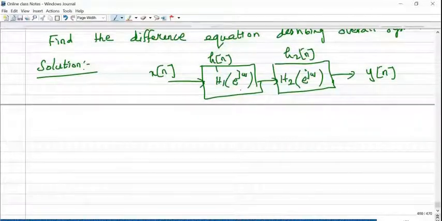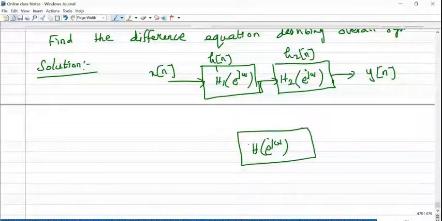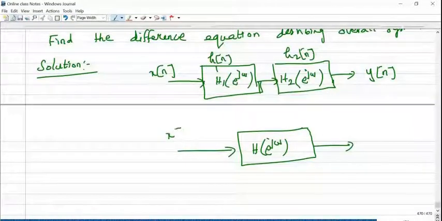In time domain it is convolution, but in frequency domain it is multiplication. So I will simplify these two blocks and write them like this: x of n, y of n.